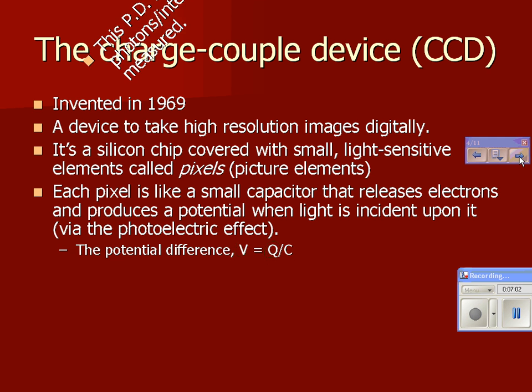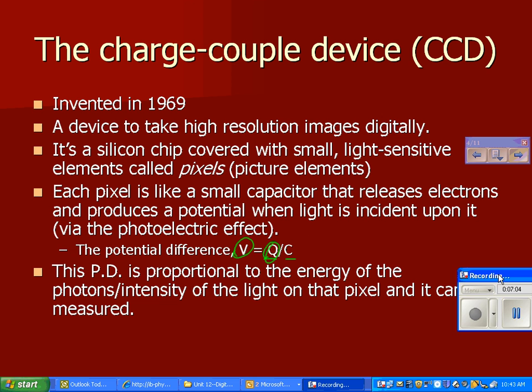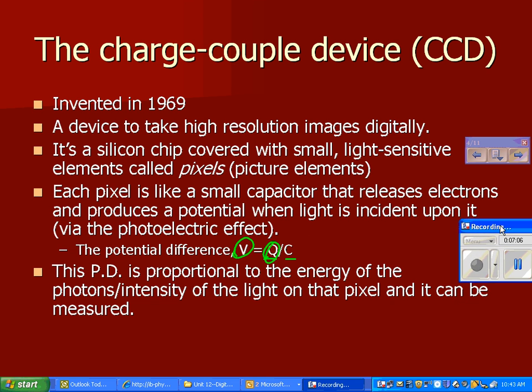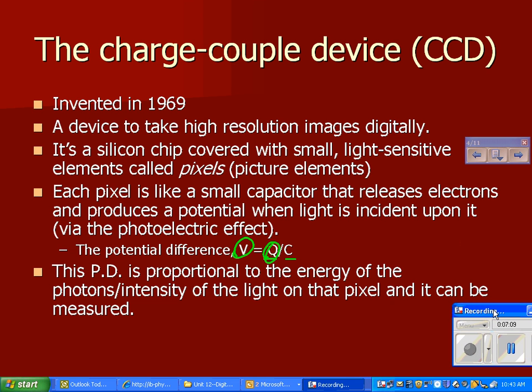So the potential difference that gets created in each little pixel is proportional to the number of photons or the intensity of light that hits that pixel. And it can be measured. Suddenly you have a voltage that tells you exactly how many photons hit that one little square of your CCD. Okay? And you can record that information digitally, and therefore you can record that image.